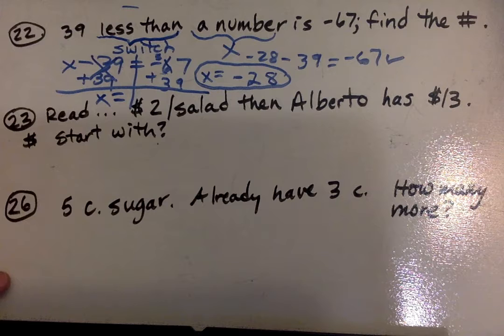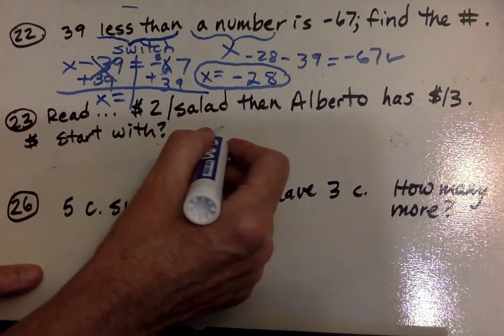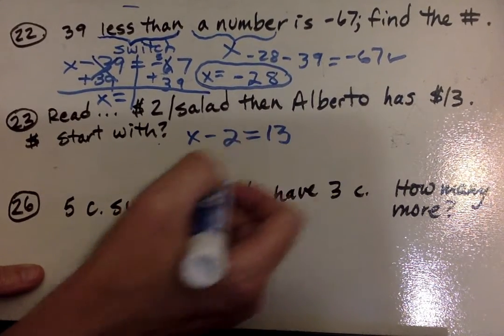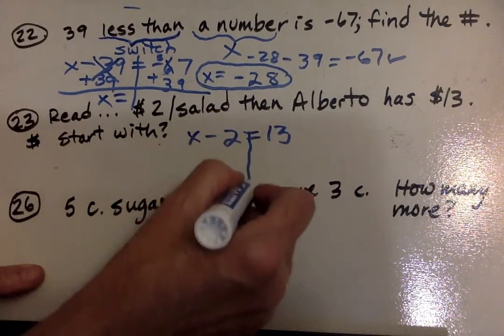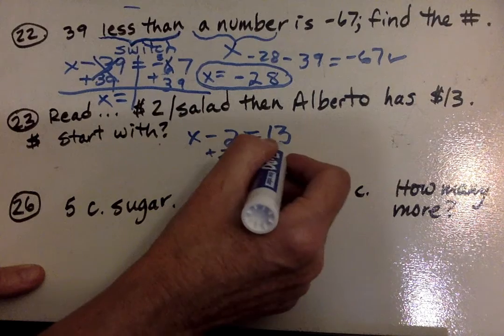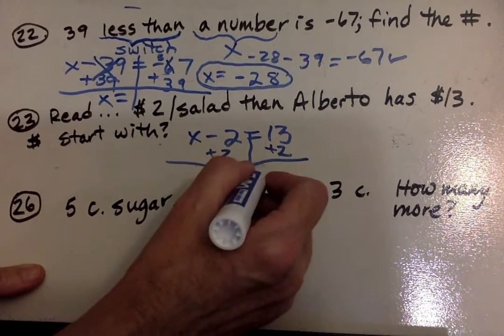After paying $2 for a salad, Alberto has $13. How much money did he start with? So he had some amount of money. He paid $2 for a salad, and now he has $13. Okay, there's our equation. We put a line right down the equal sign. Add 2 here, add 2 there, and x equals 15.